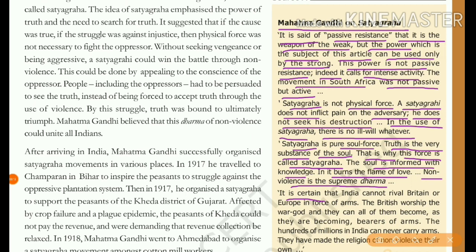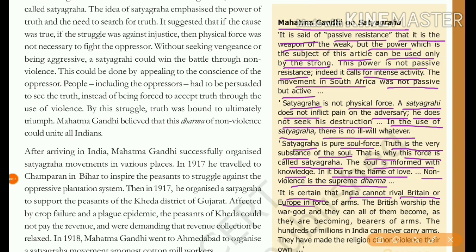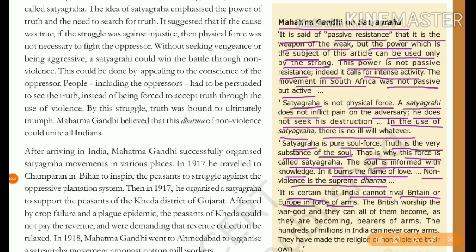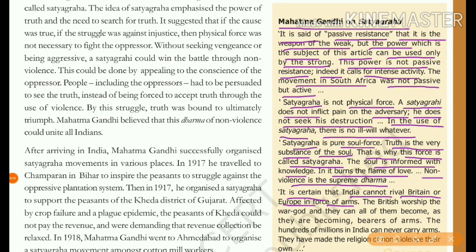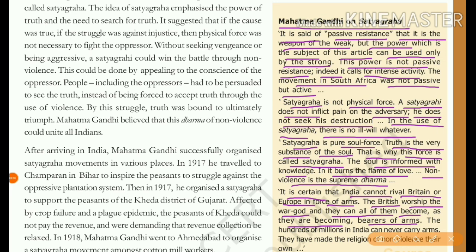It is certain that India cannot rebel against Britain or Europe by force of arms. Yes, it's true. India cannot, through arms, win against Britain or Europe. The British worship the war god, and they can all of them become, as they are becoming, bearers of arms.